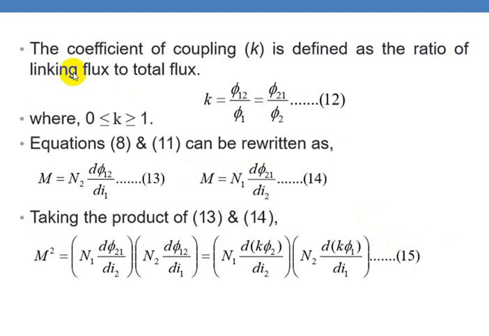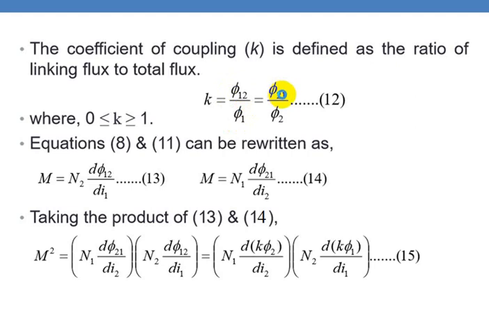Next, we will see about the coefficient of coupling. It is defined as the ratio of linking flux to the total flux. It is denoted by the letter K. So for the first circuit, the flux linking with the neighboring coil is phi 12 and the total flux produced by the coil is phi 1. So this ratio is called the coefficient of coupling.